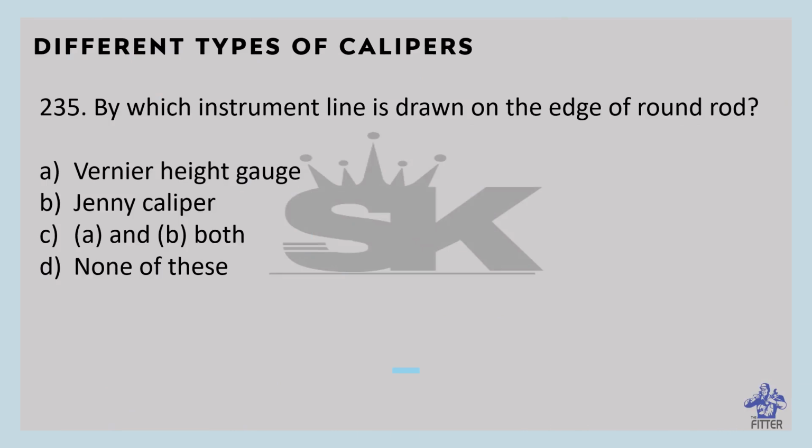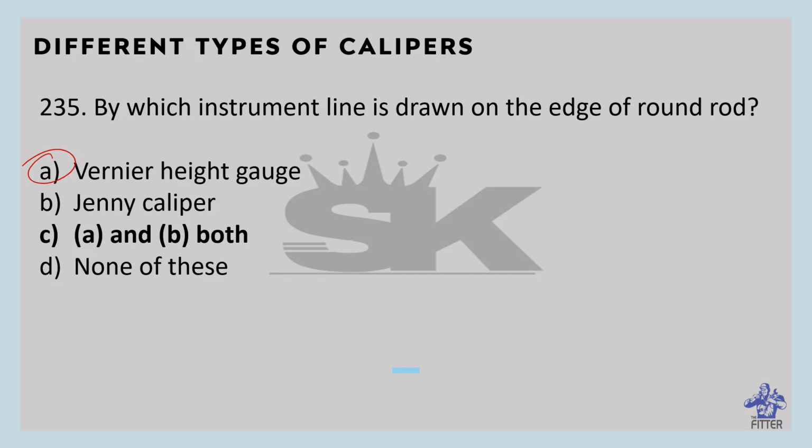By which instrument is a line drawn on the edge of a round rod? Here vernier height gauge and Jenny caliper both are instruments used to draw lines on the edge of the round bar. You may doubt whether a vernier height gauge can do that work or not.